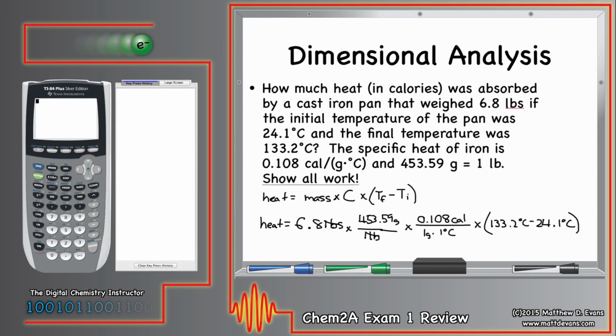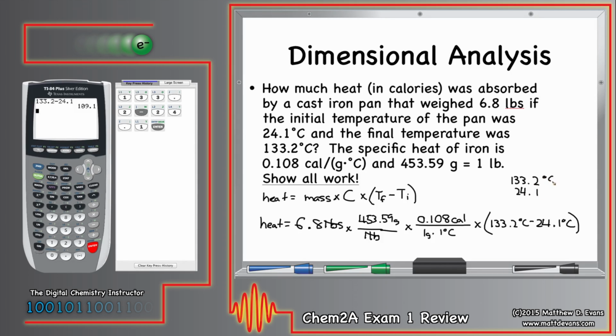Okay, so on the calculator, I need to do this little pre-calculation first because the rules are different for sig figs here. On the calculator, 133.2 minus 24.1. Okay, just to make sure my sig figs are right, I'm going to line up these two numbers on the decimal point.